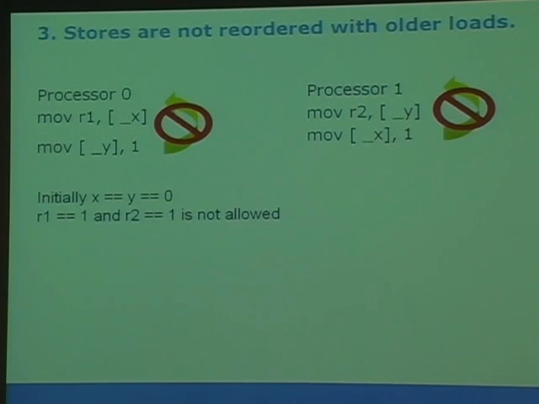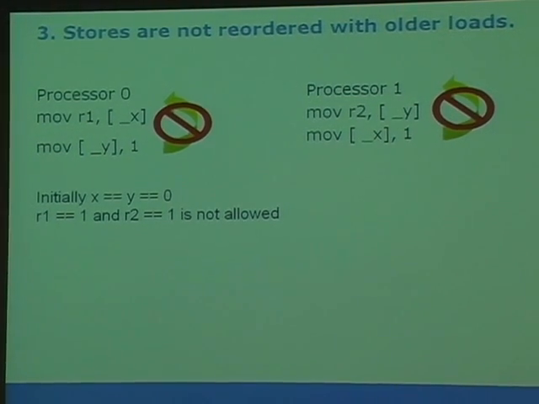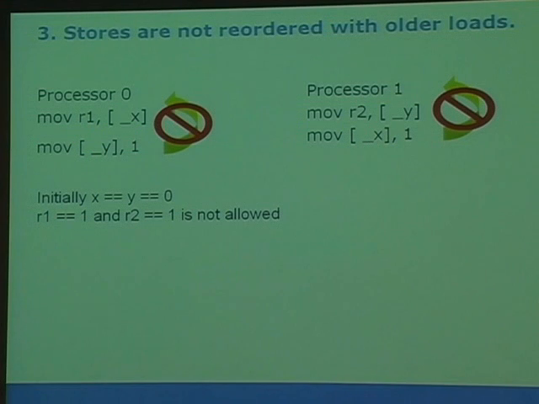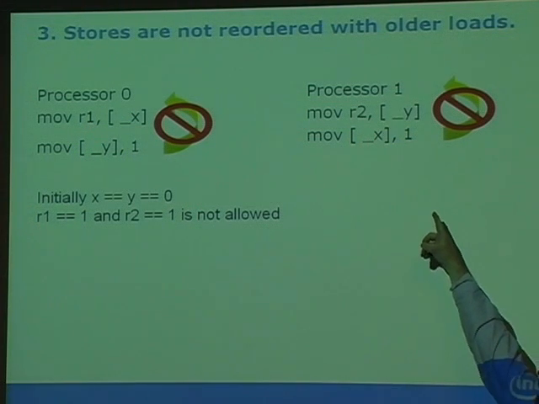Okay, so the third principle is that stores are not reordered with older loads. So if you load something, then you store something, the store can't be reordered. Okay, so in this situation, R1 and R2 both can't be 1 because if processor 0 sees the 1, then that means this move has already happened.